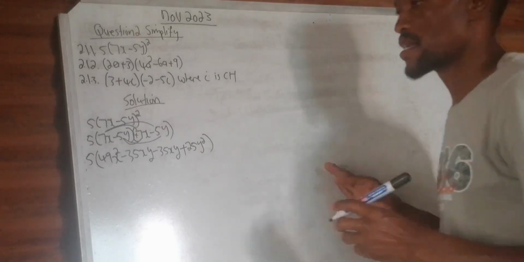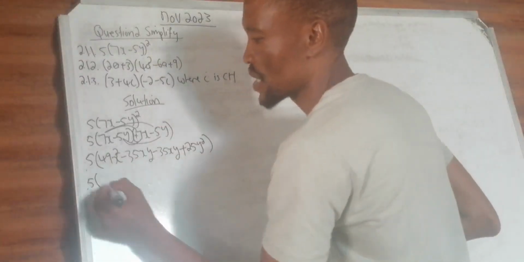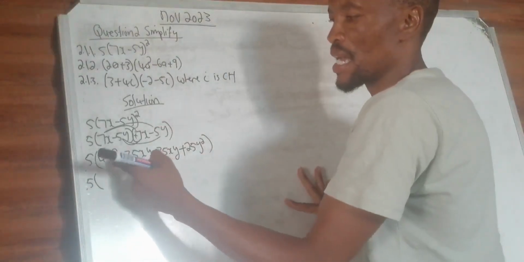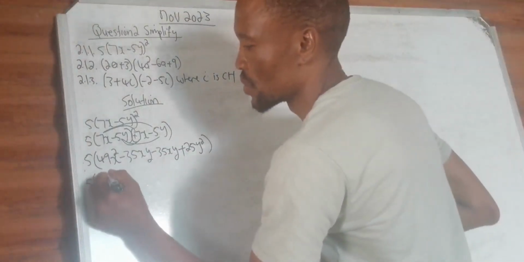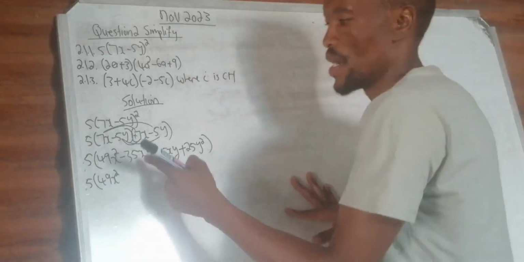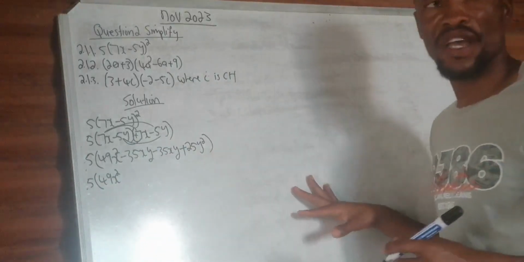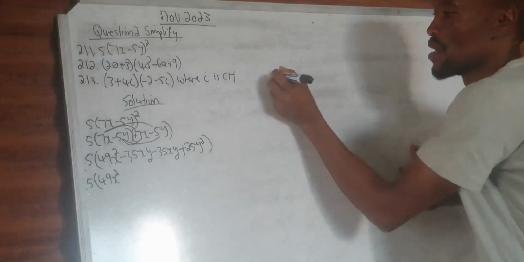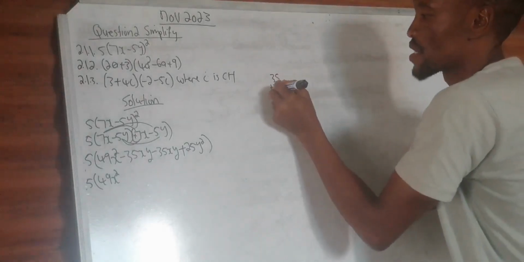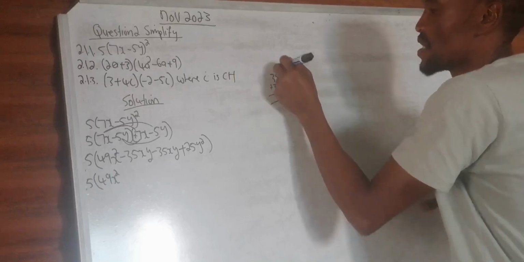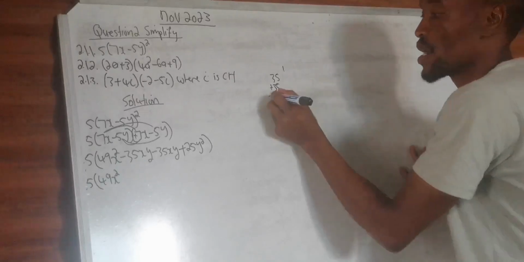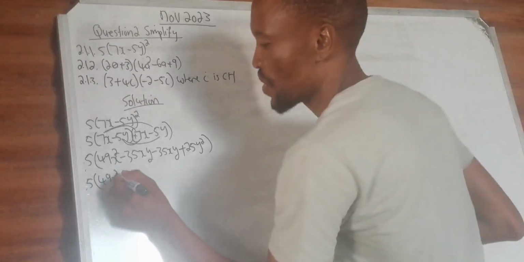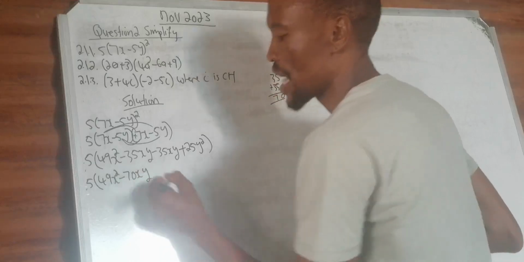And then when we are here, we have x squared, so it doesn't matter. Now minus 35xy minus 35xy, I can add those numbers: 35 plus 35. 5 plus 5 is 10, 0 carry 1. 3 plus 3 is 6, 6 plus 1 is 7. So we get minus 70xy.